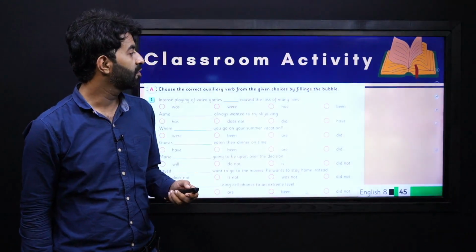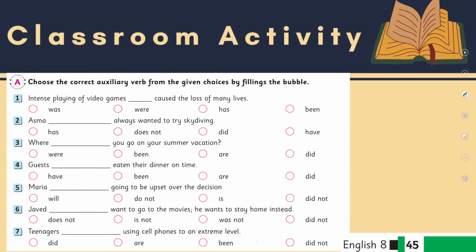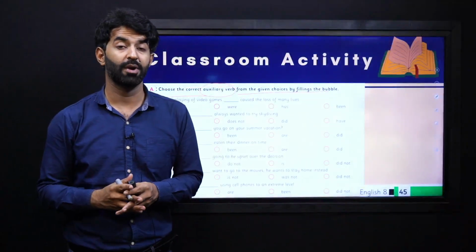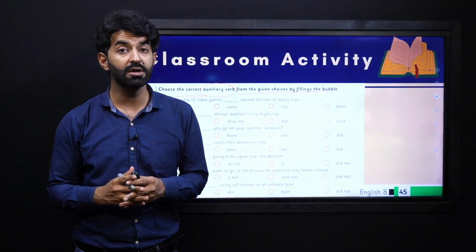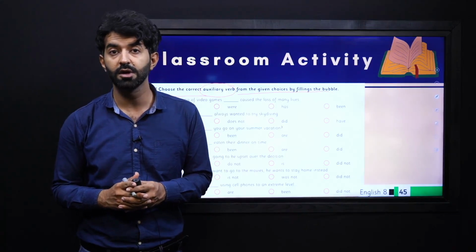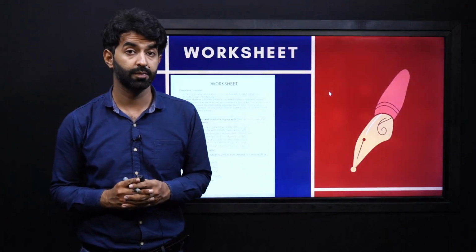Next one, we have your classroom activity, where you have to choose the correct auxiliary verb or helping verb from these given choices by filling the bubbles. So time to put your learned lesson into practice by solving this classroom activity.